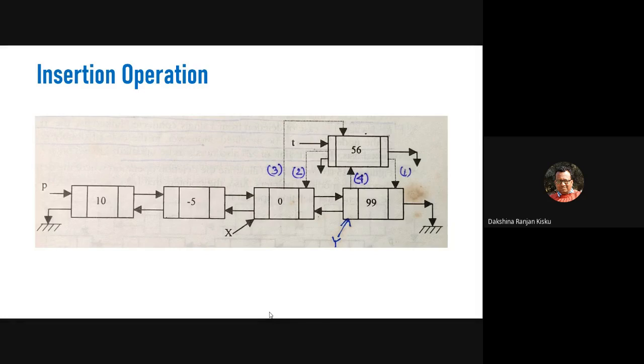Now another node, which is a new node pointed to by t, will be inserted in between the nodes which are pointed to by x and y. That means the preceding node of the inserted node is pointed to by x, and the node which is found after the insertion, that is the last node, is pointed to by y.